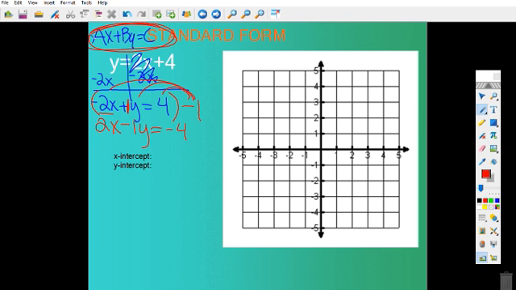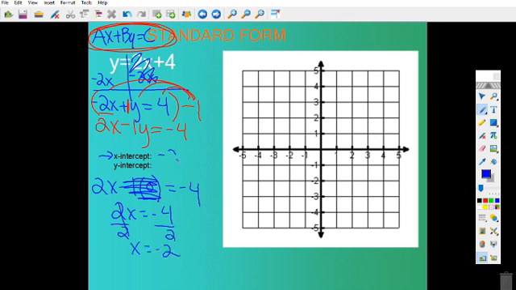Oop, there's a bell. So, now that it's in the correct form, I can solve for my x and y intercept. So, I need to solve for my x-intercept. I'm going to plug in 0 for y. Cross those out. We get 2x equals -4. Divide by 2. X equals -2. All right.